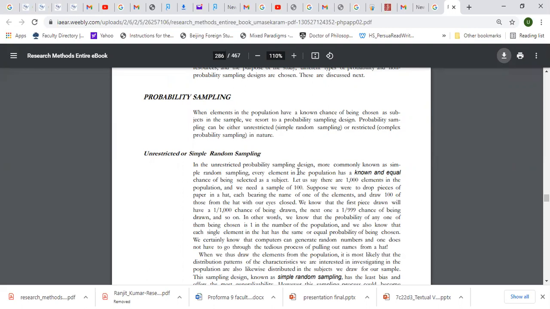So, for example, if there are 1,000 students in a university, and you want to select any one of them for your study, because you just want to know how the students of the university are performing, in that case you can take any one of them, because all of them are university students.